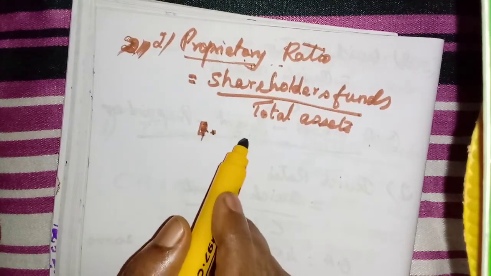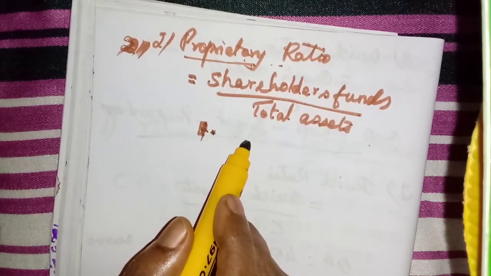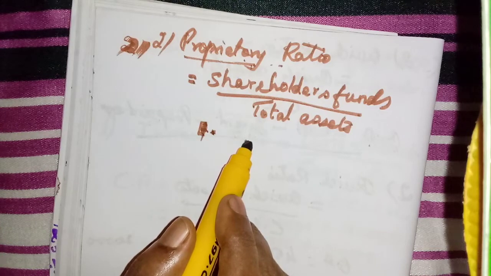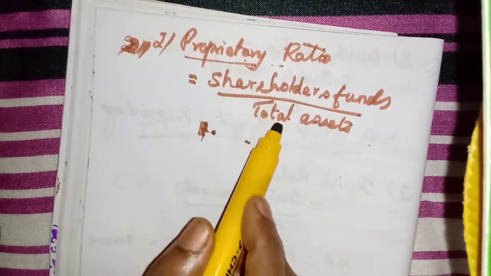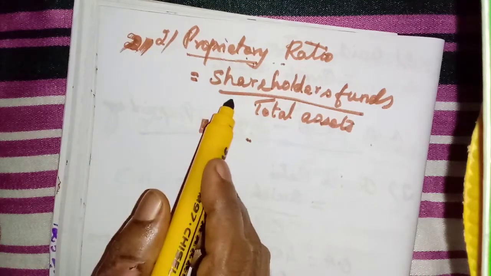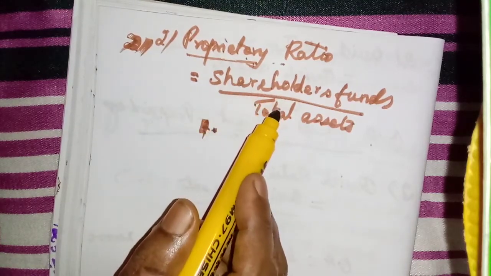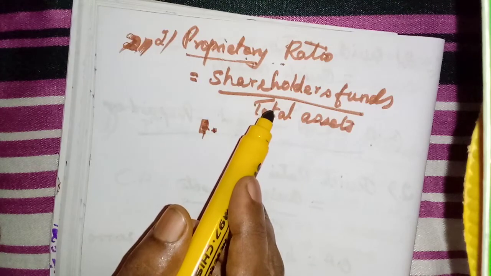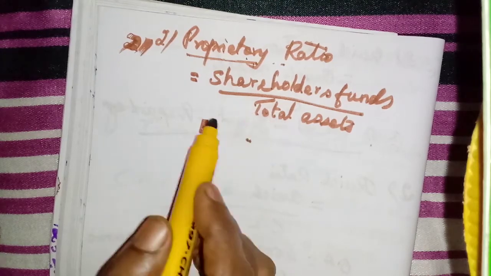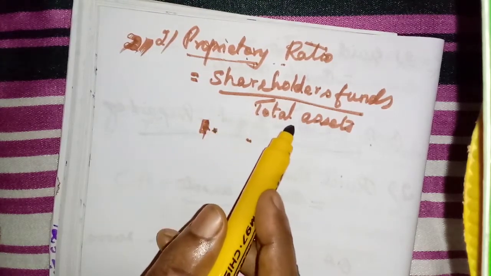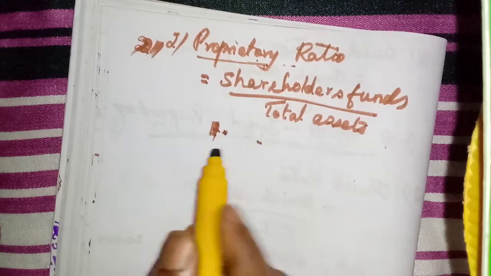Then total assets we know. All the current assets and fixed assets together, total assets. Here we do not need to learn what should be added. Shareholders funds: equity share capital, preference share capital, and reserves and surplus. Then total assets: current assets plus fixed assets.